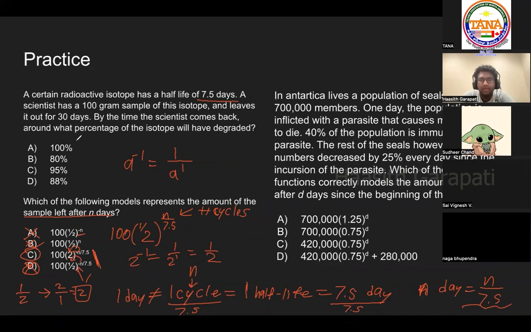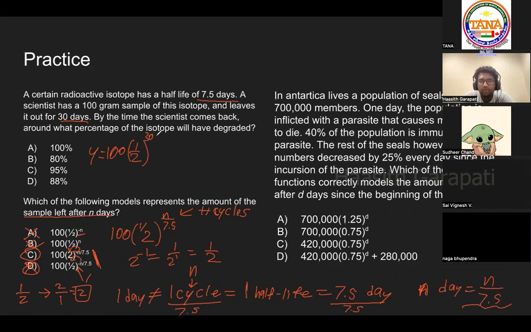So if a scientist leaves the sample out for 30 days, around what percentage of the isotope will have degraded? So they're asking us how much has been lost. First thing you'd probably think is, okay, let's solve the exponential equation. Y is equal to 100 times 1/2 to the power of, remember how we have this n over 7.5 here.